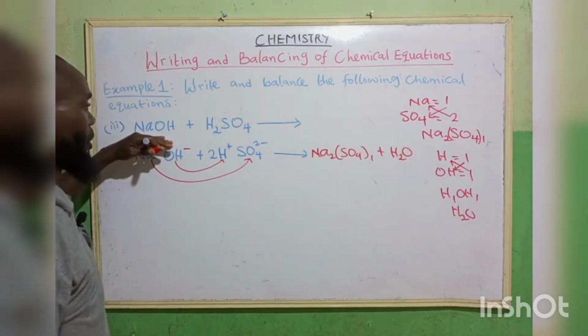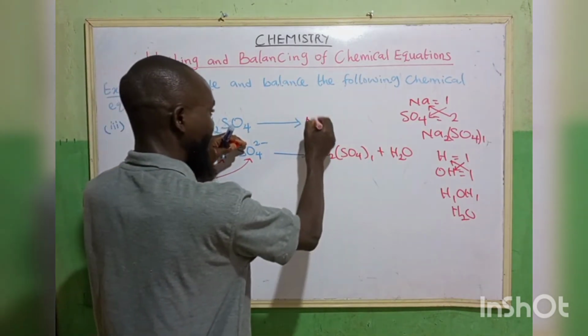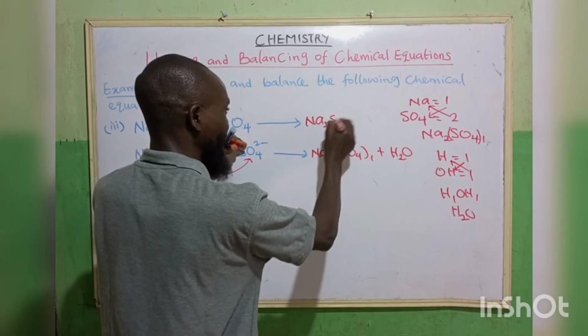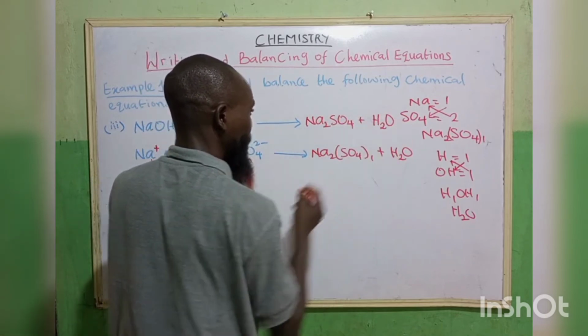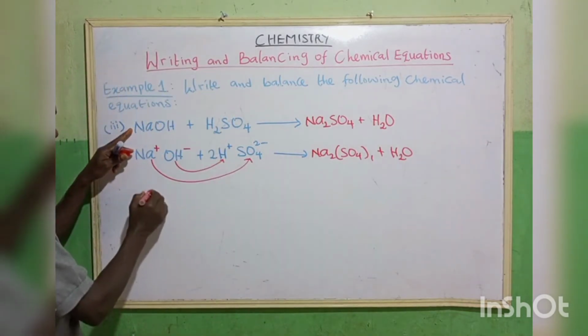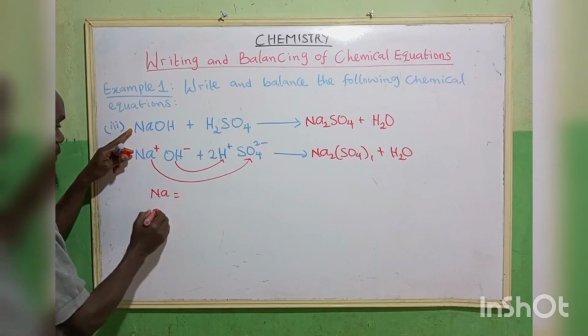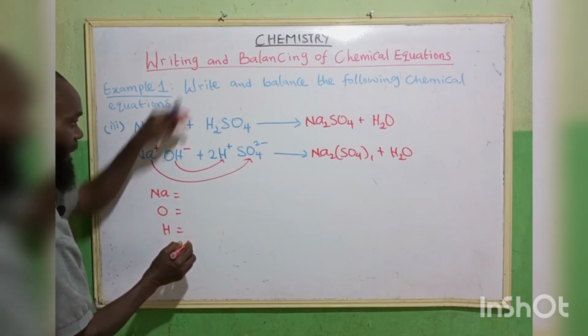Definitely, when sodium hydroxide reacts with H2SO4, we are going to have Na2SO4 plus H2O. Now, let us balance this equation. We have the elements here, Na, we have oxygen, we have hydrogen, then once again we have sulfur.